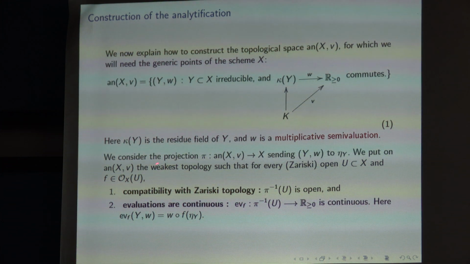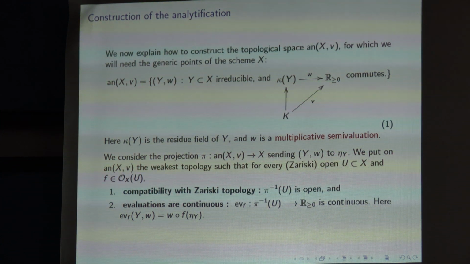So you have a projection, since you are considering generic points here secretly. You have a projection to the scheme, sending a pair to the generic point of your variety, and this projection is going to induce the topology here. So you just ask the topology to be what you want.